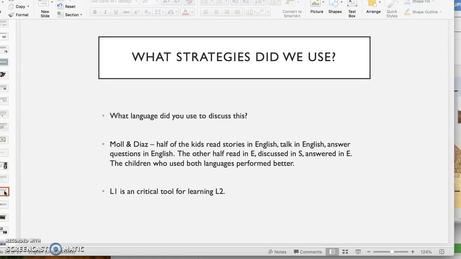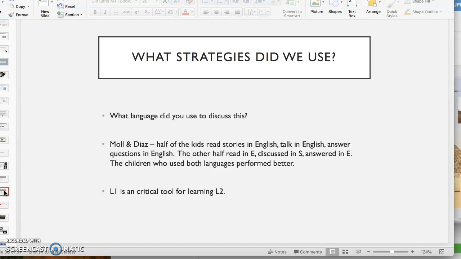And in the treatment group, the students read a text in English and they talked about it in Spanish, and then they took the test in English. And what they found is when you allow students to process a text using their native language, then they actually tested better even when the assessment was in English. So essentially, your first language is a critical tool for learning to read and write in your second language.